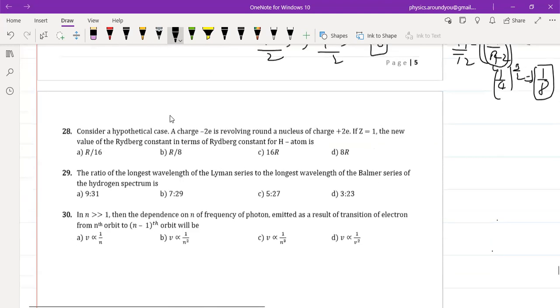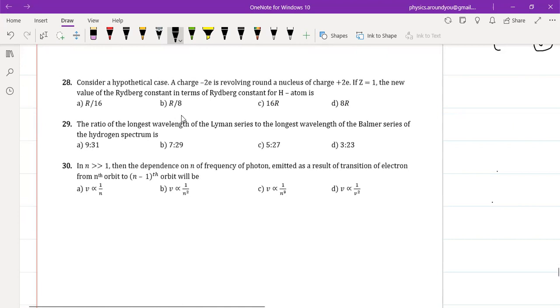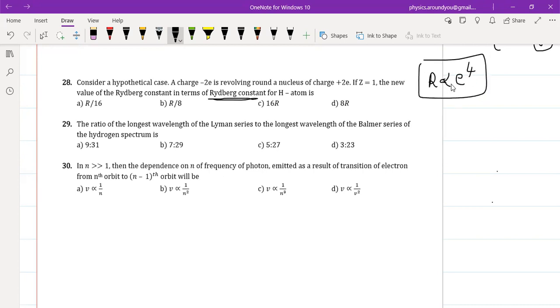Now, question number 28. It is asking about Rydberg's constant. Now, what is Rydberg's constant proportional to? If you look at the formula for Rydberg's constant, it is directly proportional to the charge on the electron to the power 4.